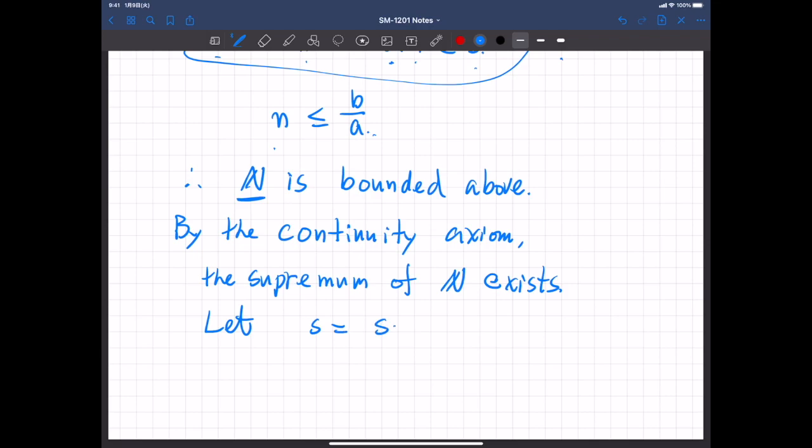So let S be the supremum. Okay. So S minus 1 is of course less than S, so that cannot be a supremum. The supremum of so that cannot be an upper bound of n. So there is not the supremum.